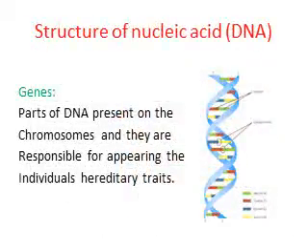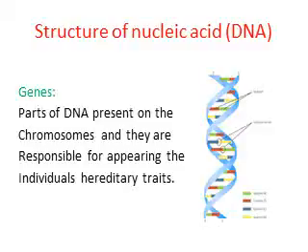Let's talk about the structure of the nucleic acid or the DNA. In the first term, we knew that the nucleus of the cell contains chromosomes, and this chromosome chemically consists of nucleic acid, which is called DNA, combined with protein.